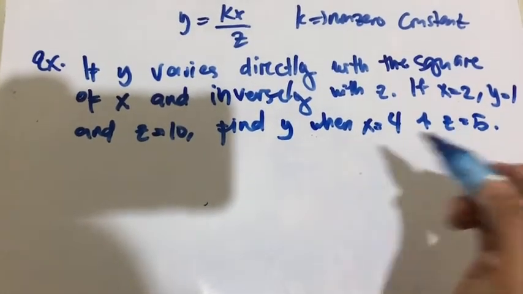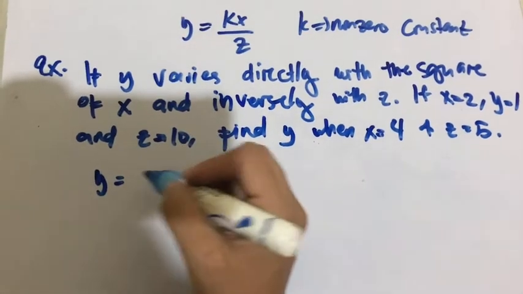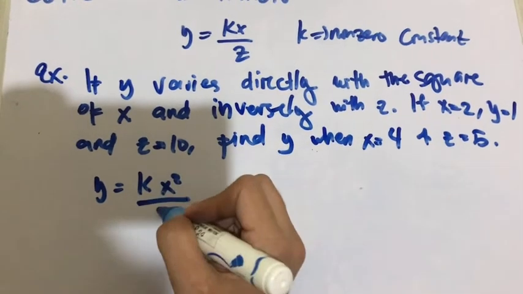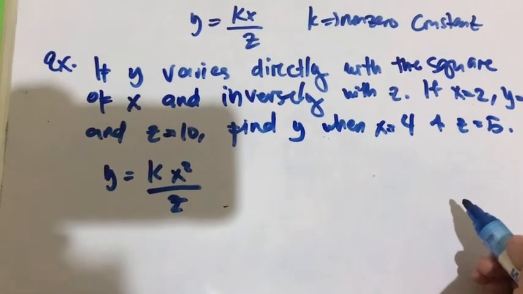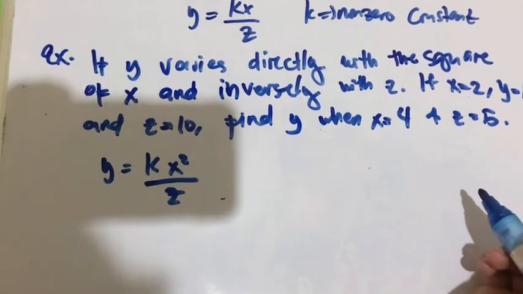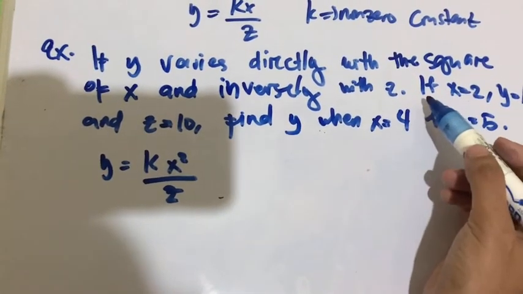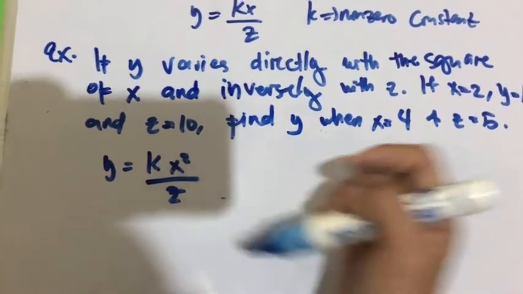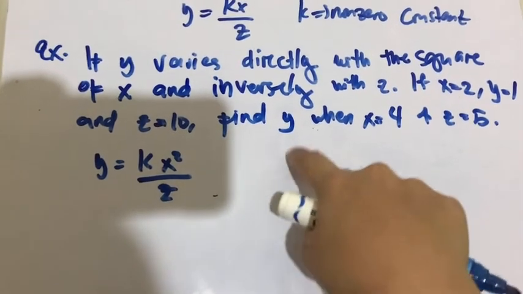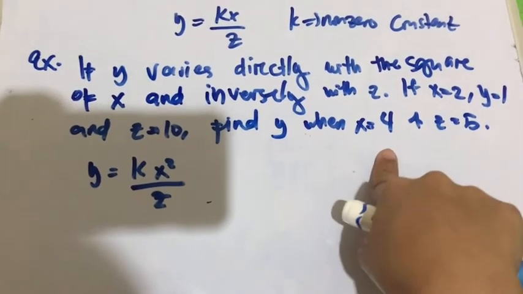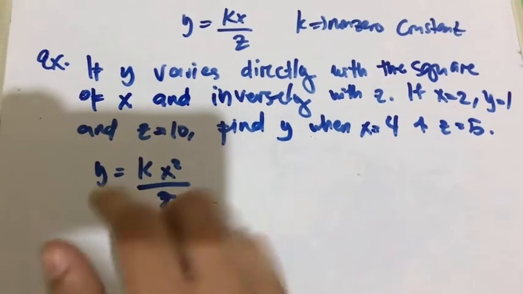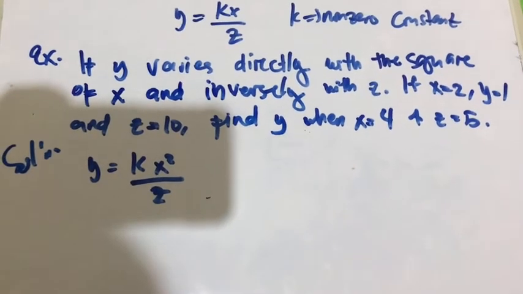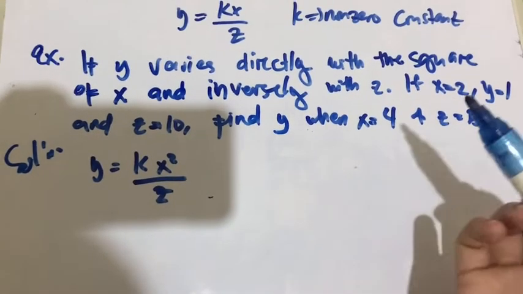So y varies directly with the square of x and inversely with z. This is the formula. If x is equal to 2, y is equal to 1, and z is equal to 10, we find the value of y when x is equal to 4 and z is equal to 5. First, we find the constant of variation by substituting the first three given values.